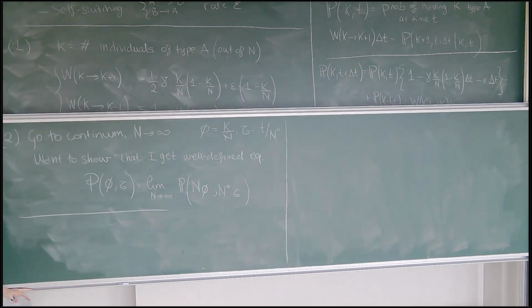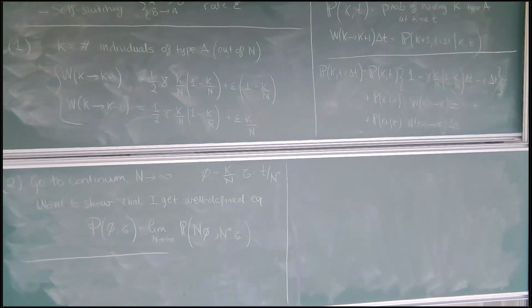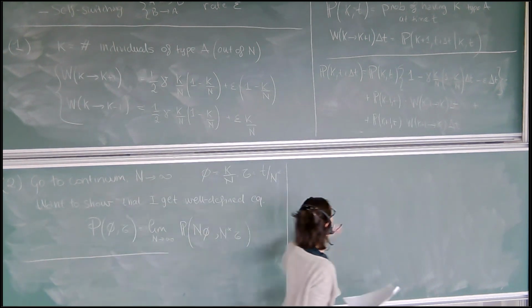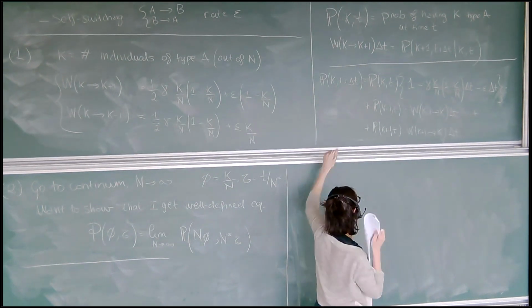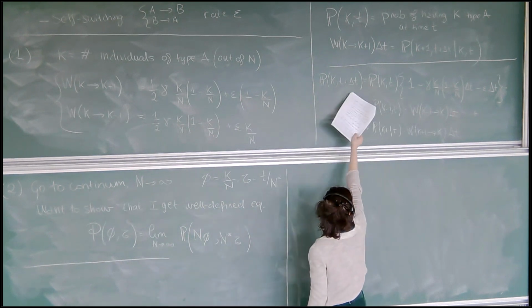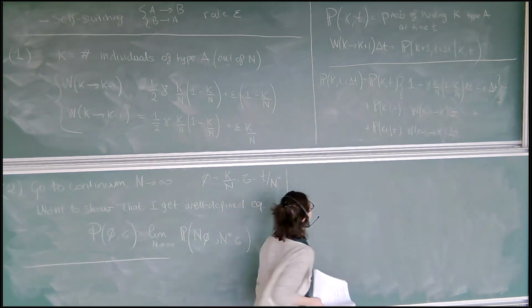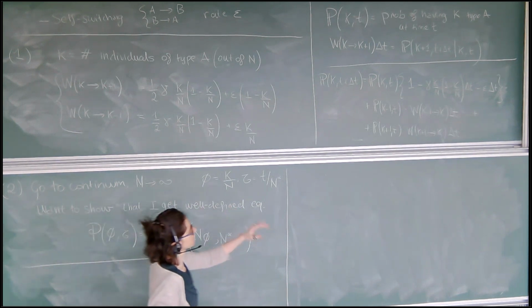So to do the calculation, let me start from the master equation up there, and go down here. Okay, so you see that you have P of k, t plus dt, and then on the right hand side you have P of k, t plus something which depends on dt.